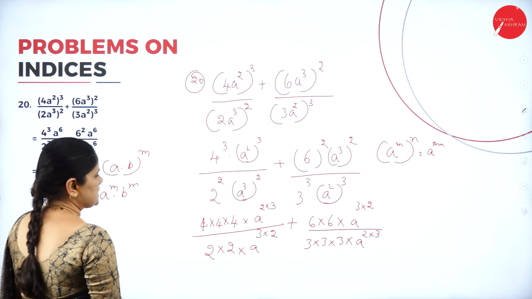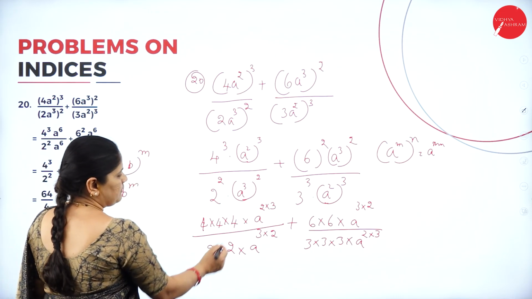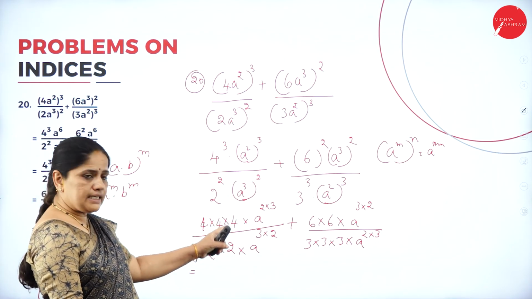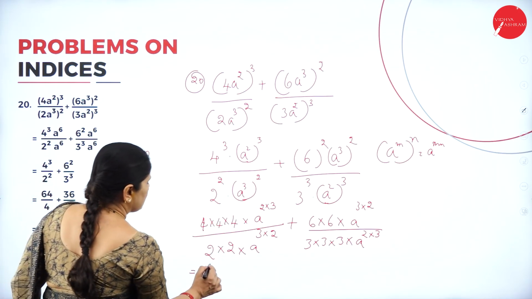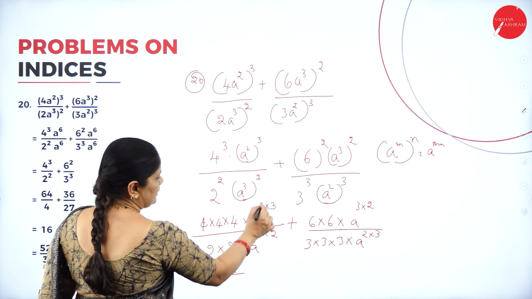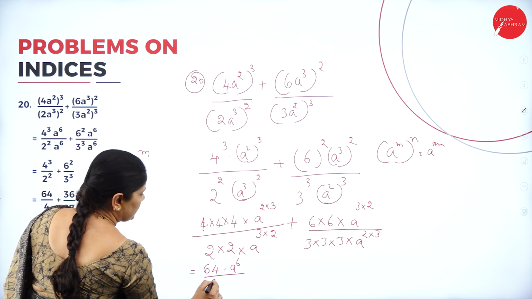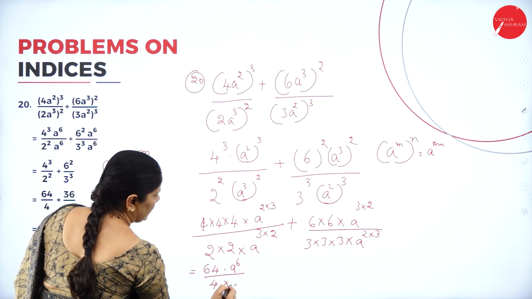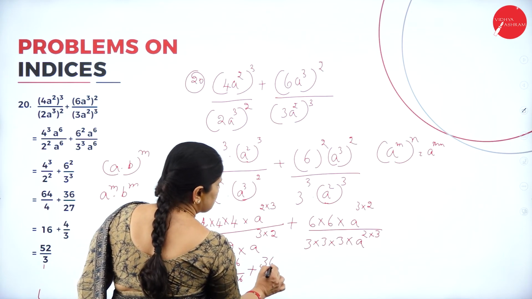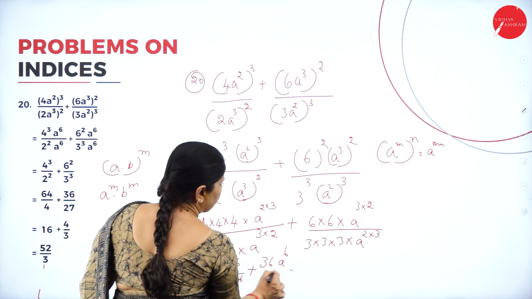Now, the next step will be simplifying all this. So, 4 into 4, 16. 16 into 4 is 64, into a to the power 6. So, 2 into 2, 4 into a to the power of 6, plus 6 6s are 36 into a to the power 6.